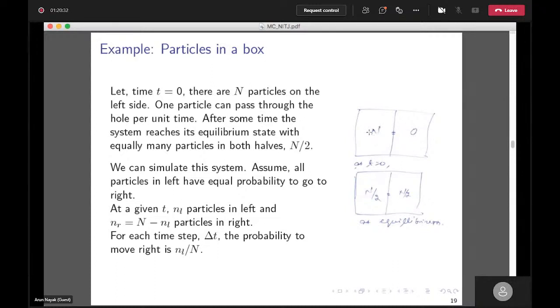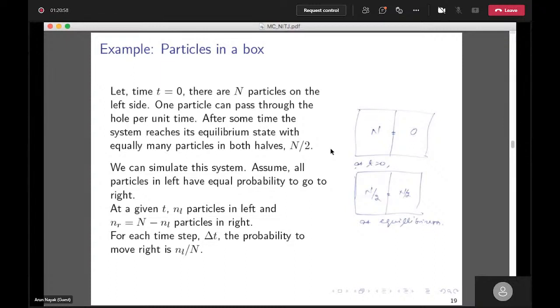What is the number of particles on a given side? That is what we want to know. You can solve this analytically, which I will tell you. Then you can try a Monte Carlo simulation to see if it matches with your analytical result.